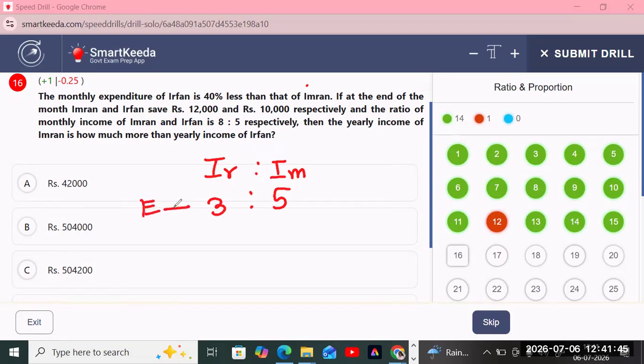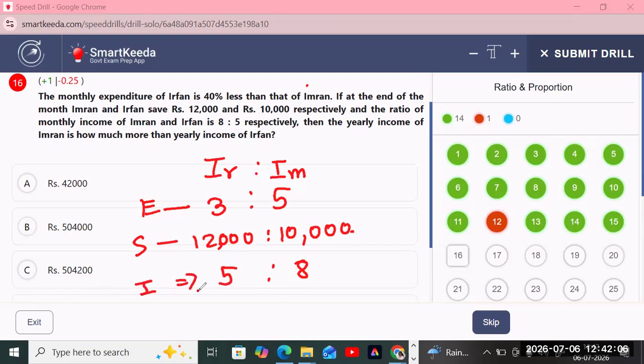If at the end of the month Imran and Irfan saved 12,000 and 10,000 respectively, and the ratio of the monthly income of Imran and Irfan is given, then the yearly income of Imran is how much more than the yearly income of Irfan?